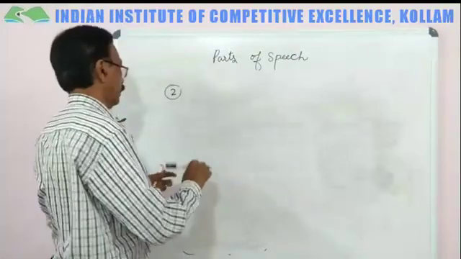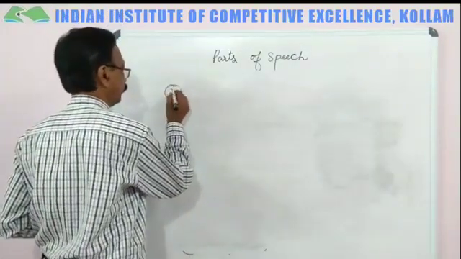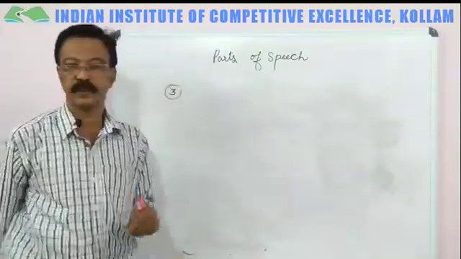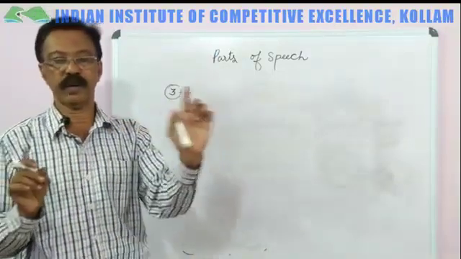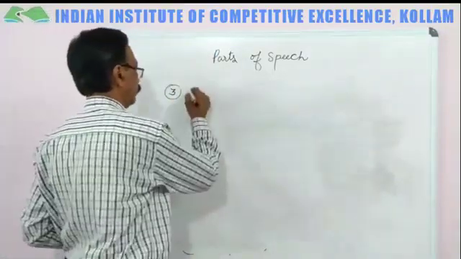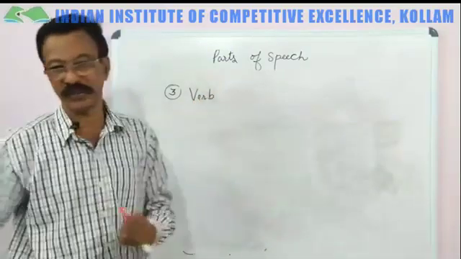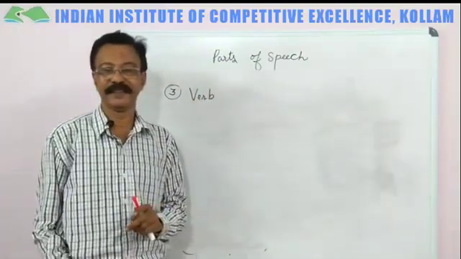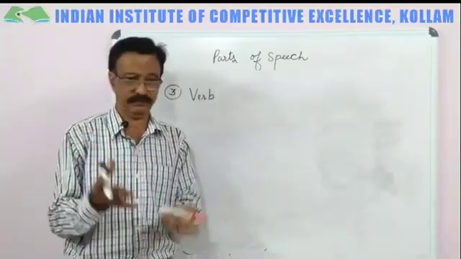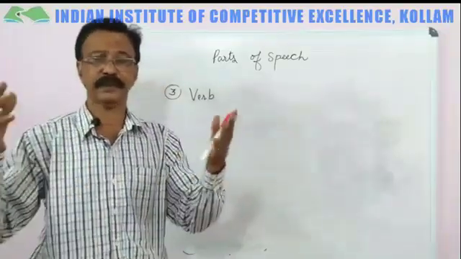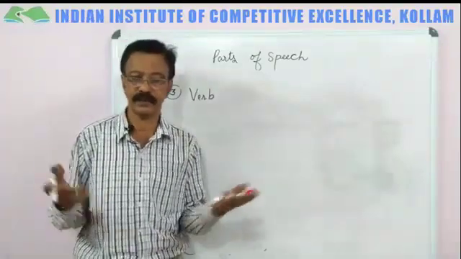Okay, now let us see the third one. So noun, pronoun, third one is verb. Very important part of speech. Verb. What is a verb? You can think in your mind.